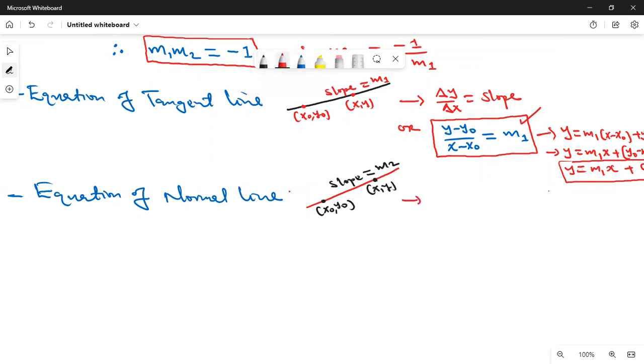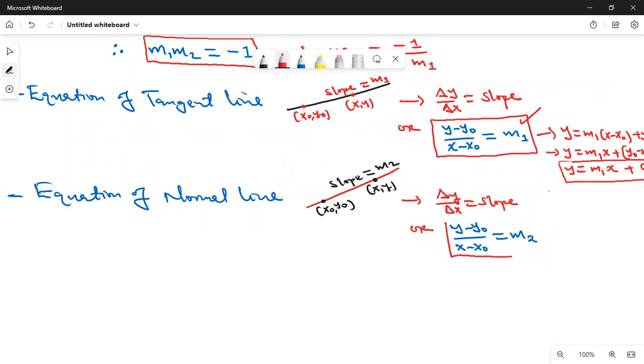So from here, we again know that change in y over change in x should be equal to the slope. So (y minus y naught) over (x minus x naught) is supposed to be equal to m2, because that's the new slope of the normal line.